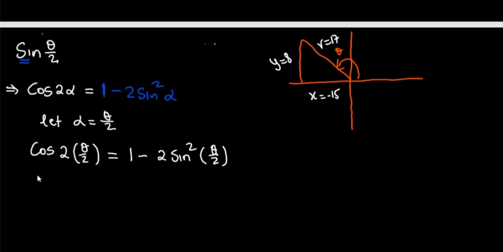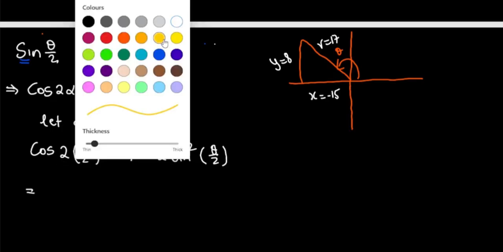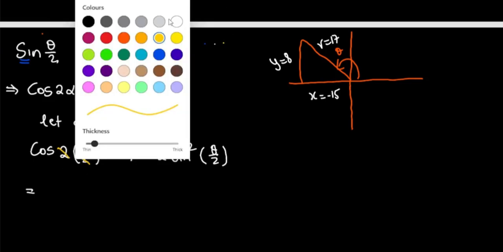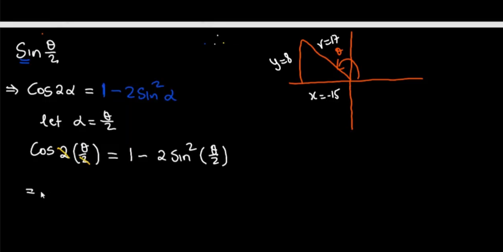Now remember, the 2 will cancel. This 2 here will cancel with that 2. We are left with cos theta. So I'm just going to write that and say, this is my cos theta.